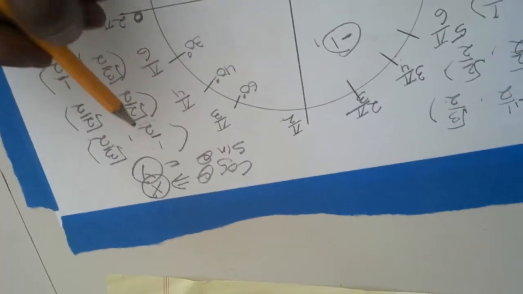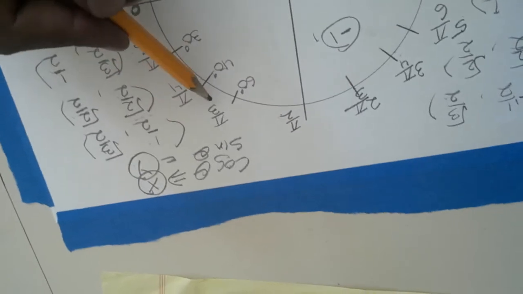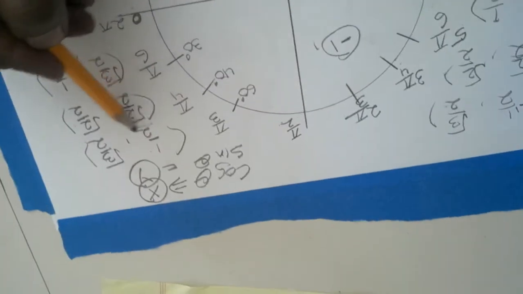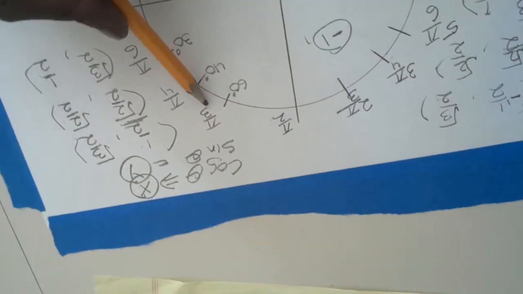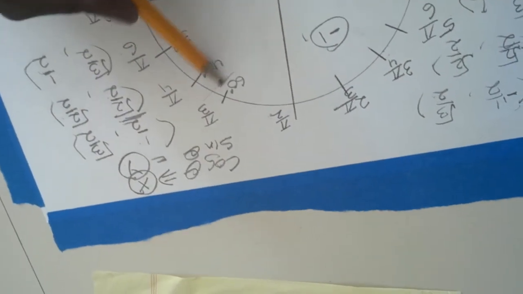So let's say cos of 60 would be our x value for our 60 degree. Alright, I hope this helped you.